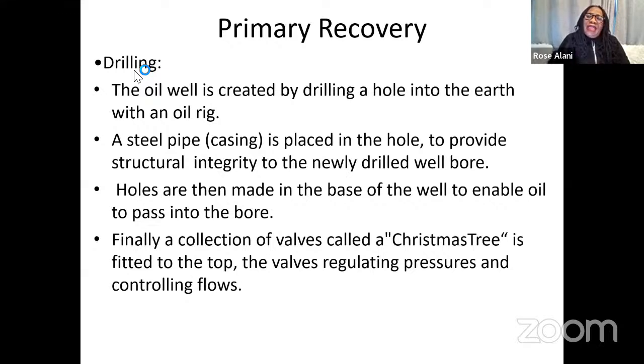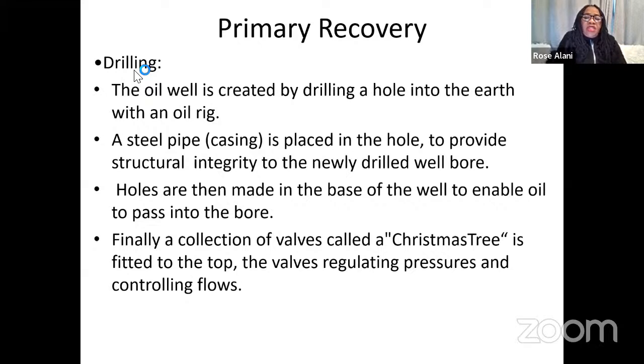This is like several valves connected together, and it looks like a tree, and so it is called a Christmas tree. This is fitted onto the top of that steel casing that is drilled and put inside to preserve the integrity of the well structure.